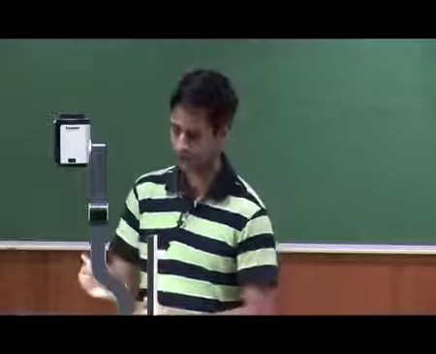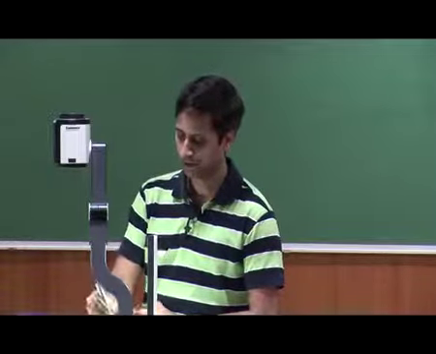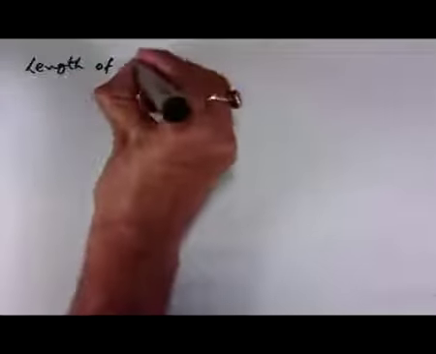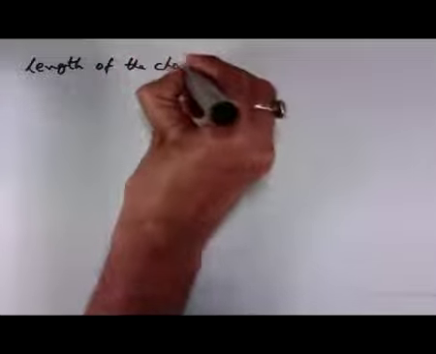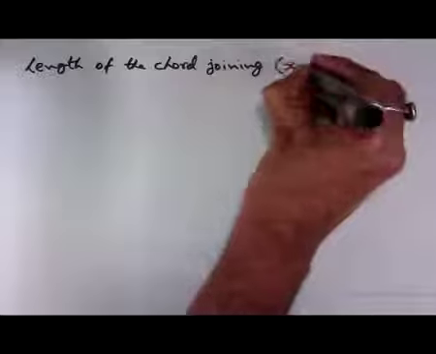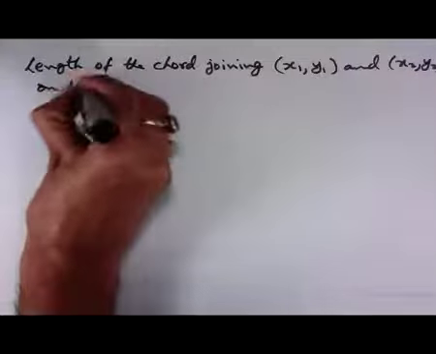Next, let us try to find the length of the chord joining 2 points, let us say x 1 y 1 and x 2 y 2 on the ellipse.